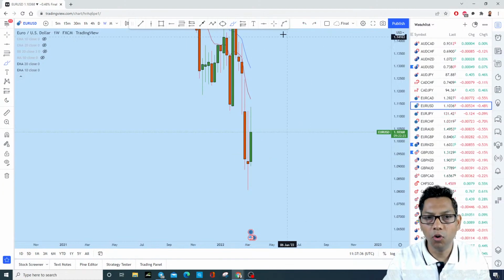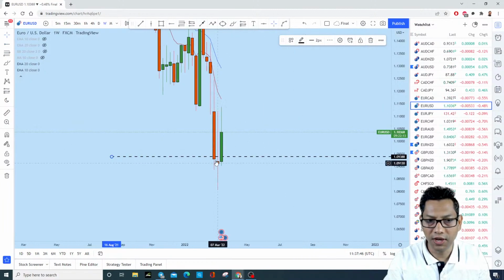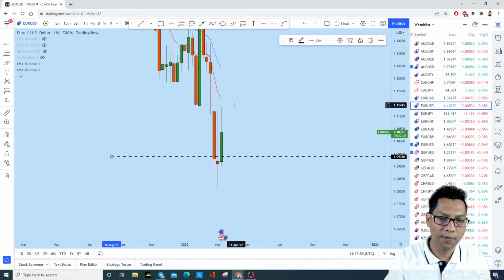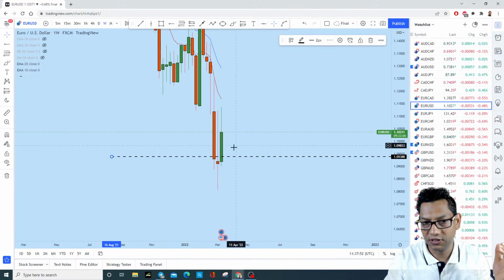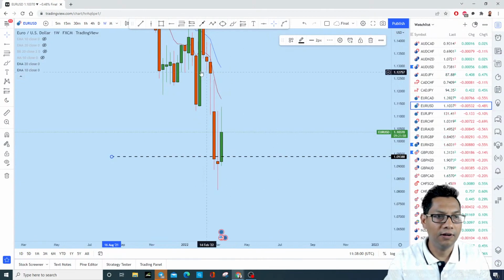Now I'm focusing more on weekly candle because this is weekly closing date. So today will be the last day of trading week. Somewhere here likely to close, euro dollar may close upper, but to me it will close somewhere in between, and then from here we could potentially see euro dollar rising next week.